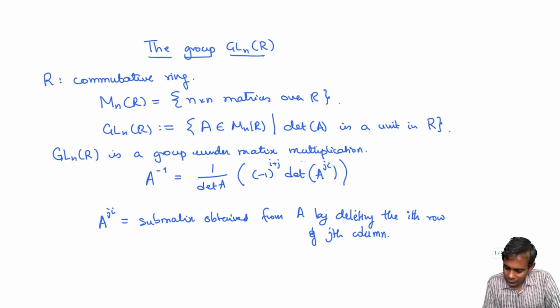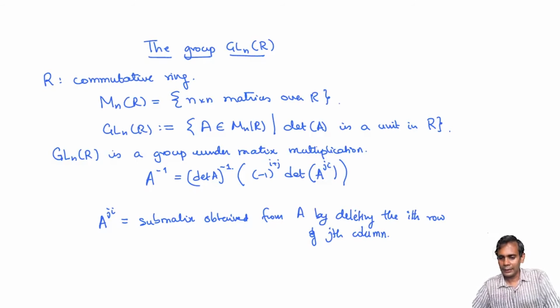You've usually seen it over fields like the real numbers, rational numbers or complex numbers, but the only thing you really need is an associative multiplication in a commutative ring, and you just need that 1 over determinant of A is defined, and that is why we had to take the determinant of A to be a unit in R. So really you can think of this as determinant of A inverse, and saying that determinant of A is a unit allows us to write this down. You see that GL_n(R) is a group.